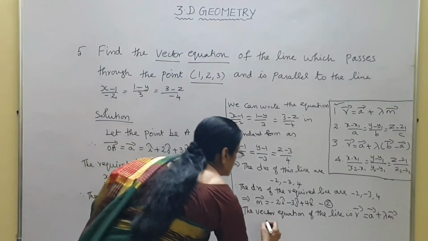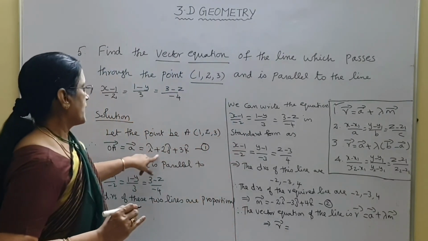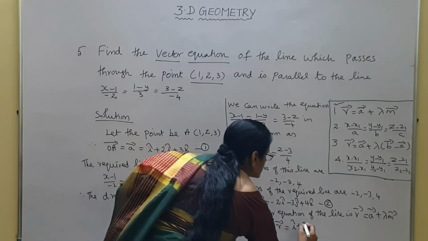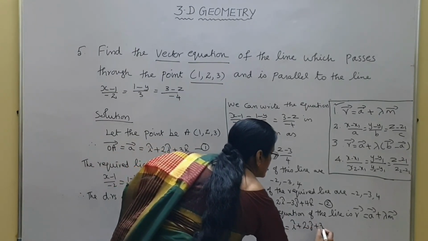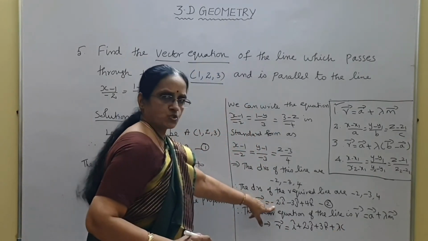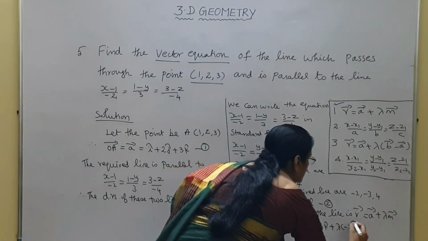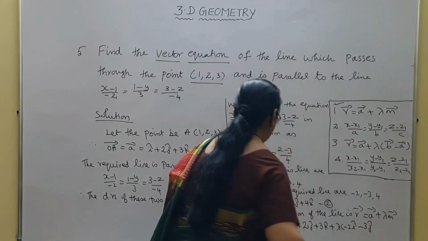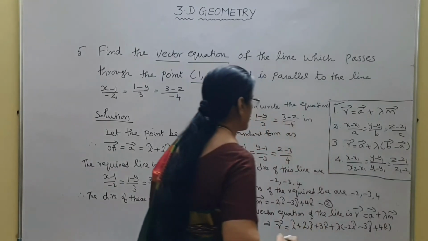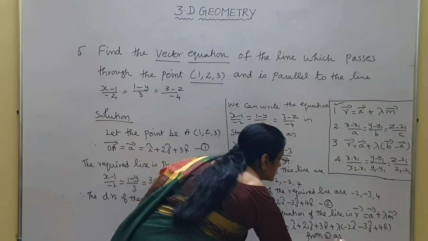This implies vector r is equal to i cap plus 2j cap plus 3k cap plus lambda times minus 2i cap minus 3j cap plus 4k cap. You need to mention from 1 and 2.